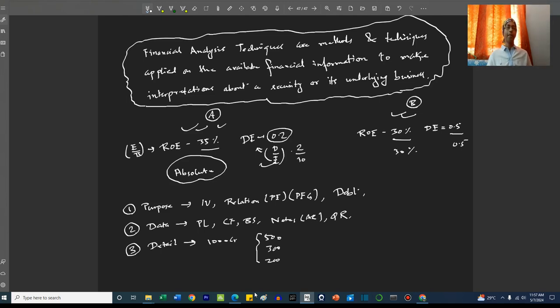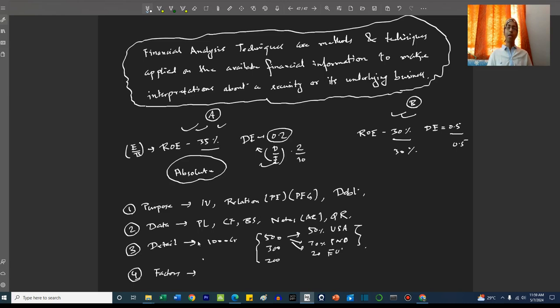Then we can also say that out of this 500, 50% comes from USA, 30% comes from India, 20% comes from Europe. That is another level of detailing. That is, we are going on adding the details. Now it depends on whether the data is available or not also. There are limitations to this also, right? The fourth point is, what are the factors that will help us do our required analysis?